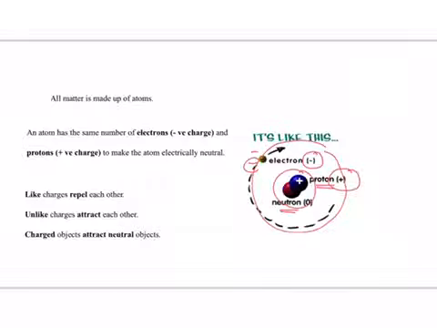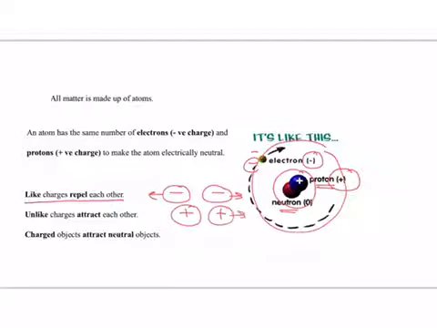In nature, we have two types of charges, negative and positive. Like charges repel each other. That means that negative charges repel each other and positive charges repel each other. While unlike charges attract each other, a positive and a negative charge attract each other.